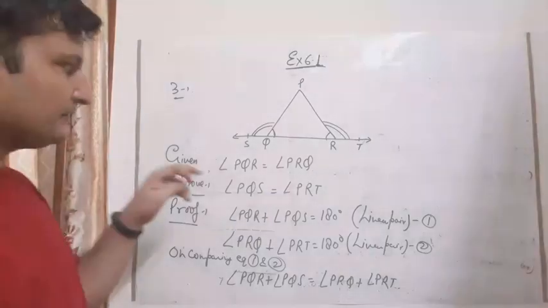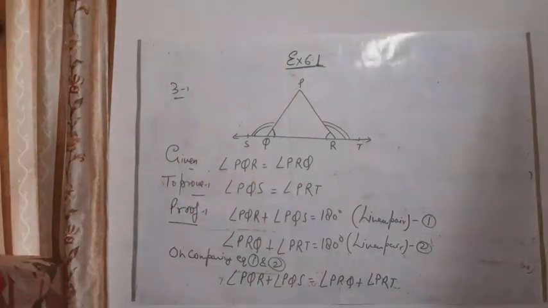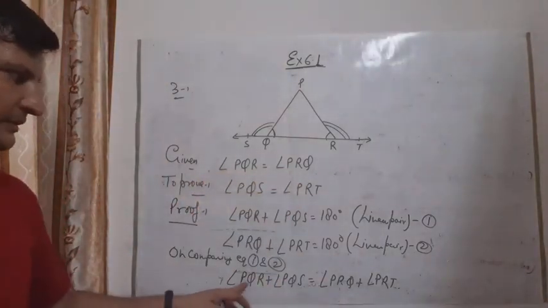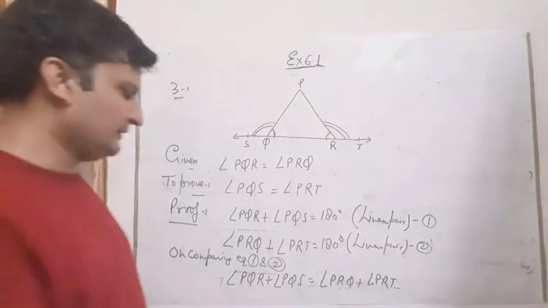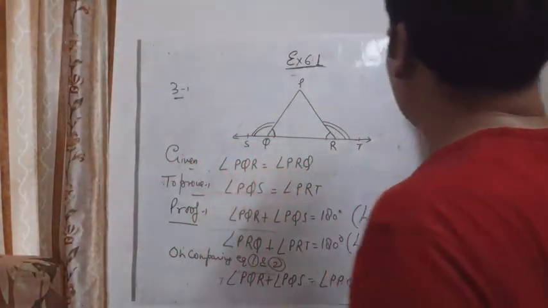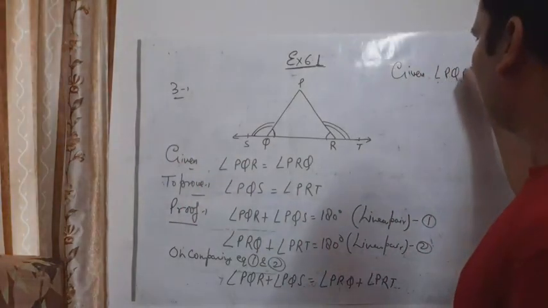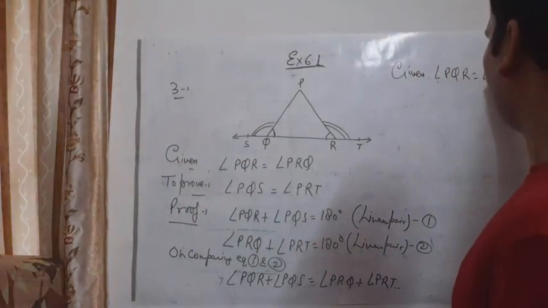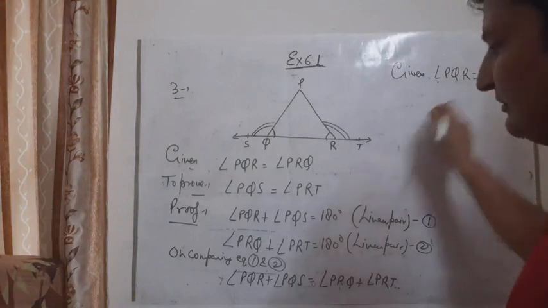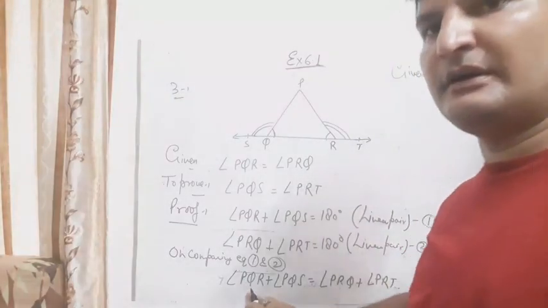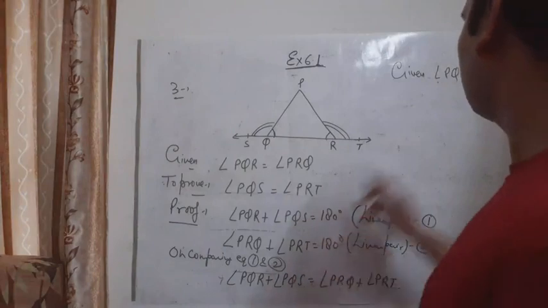Now students, what we have given is that PQR is equal to PRQ. यहाँ पे आपका PQR लिखा हुआ है, वहाँ पे PRQ लिख सकते हैं. Again given, angle PQR is equal to angle PRQ. What we will do now, here the equation is PQR. PQR को हम कितना लिख सकते हैं?